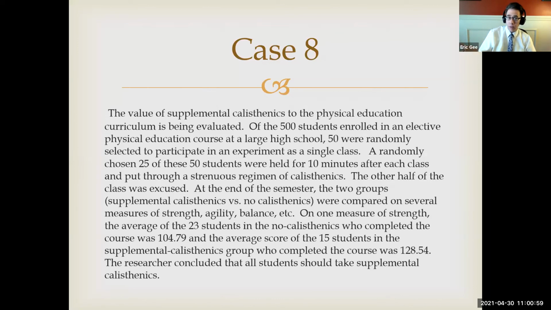But the problem here, right, is that maybe the 10 that dropped out would not have benefited. Maybe if they'd stayed in, we wouldn't have seen those differences. And maybe the 15 who stayed in were just already pretty fit anyhow. So that's where, again, mortality can become kind of an issue.